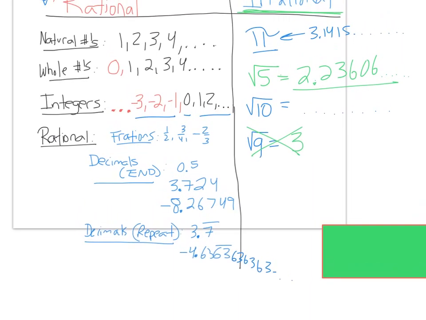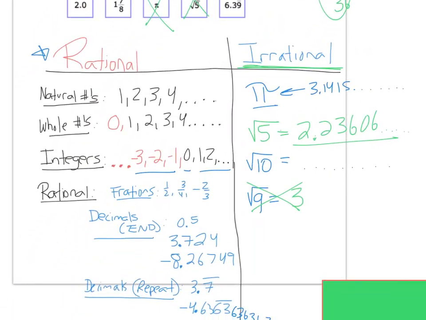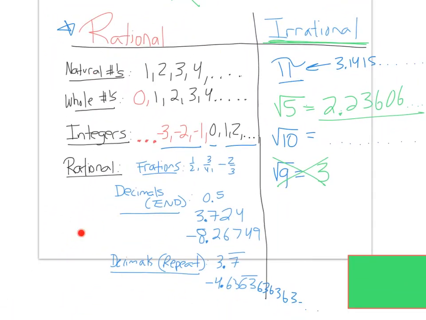And the nice thing is, all of these numbers here in this list are considered rational. So if you see anything that's just a 1, 2, 3, 4, or a 0, or negatives, or fractions, or decimals that end, or decimals that repeat, all of those are rational.